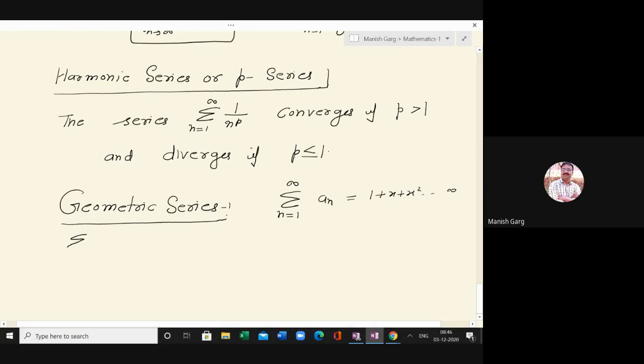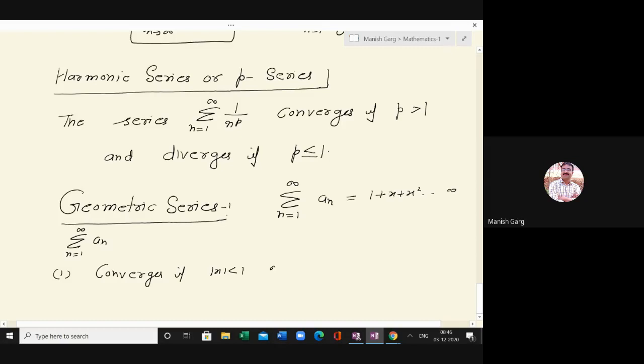This series, n is equal to 1 to infinity an, first, this converges if mod x is less than 1.